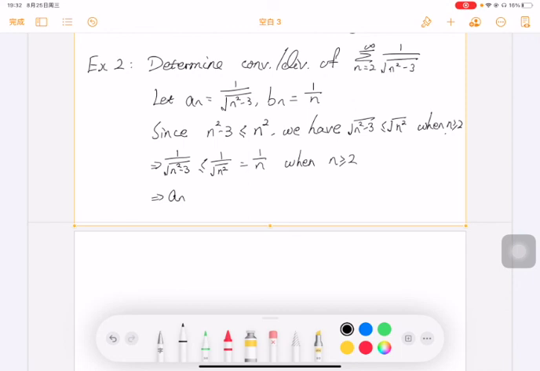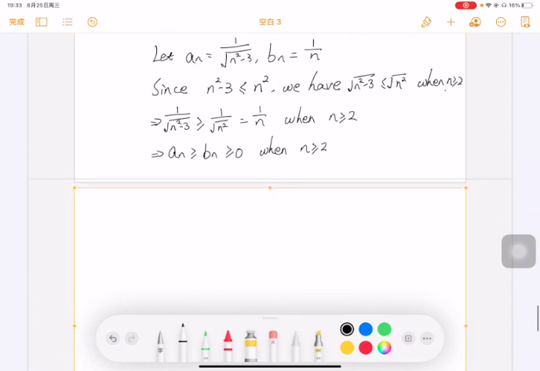Sorry, I misspoke earlier: this is larger than or equal to, because a smaller denominator gives you a larger number. That means An is larger than or equal to Bn, which obviously is larger than or equal to 0 because 1 over n is a positive number. This is when n is larger than or equal to 2.